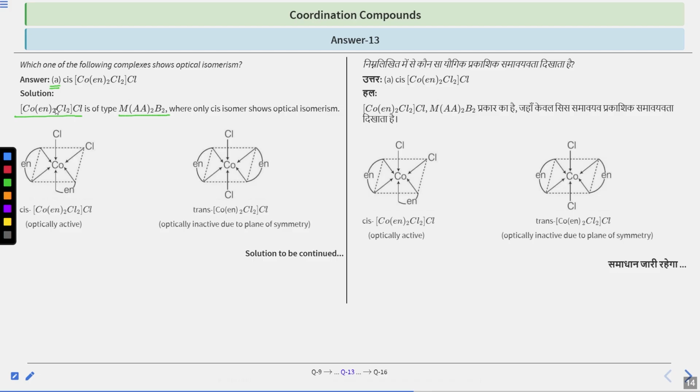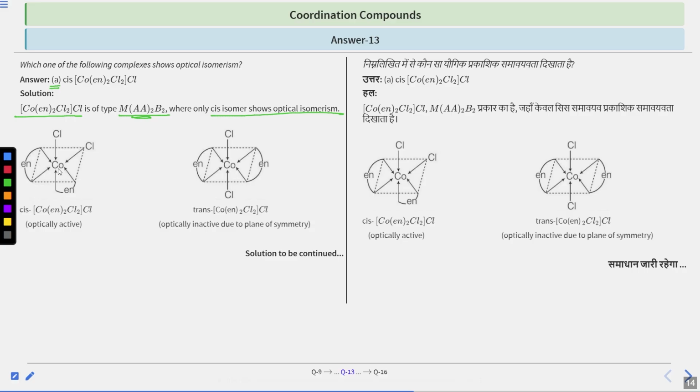That's why we represent it by AA. So the general formula will be M(AA)2B2, where only the cis isomer shows optical isomerism.